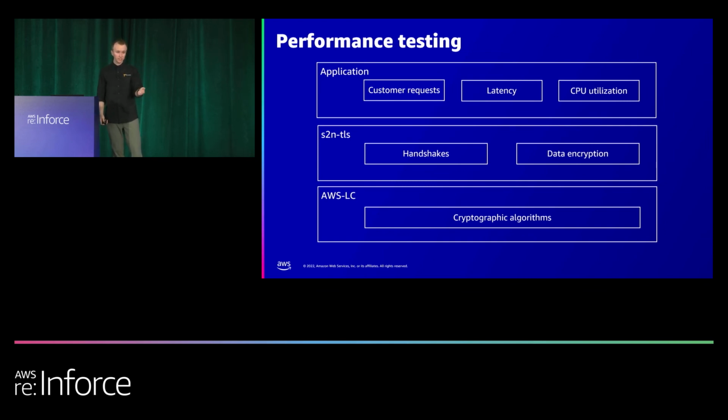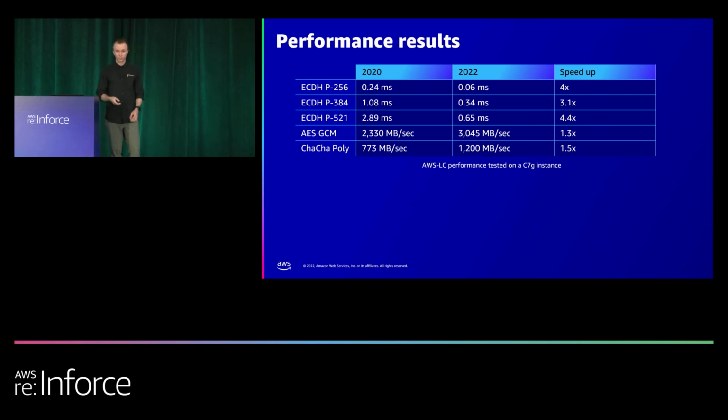We looked at latency for our customers and CPU utilization for the AWS services that were deploying AWS-LC. And with this, we were able to identify and improve the algorithms. This is why, like I said, we invested in S2N BigNum, and we also invested in some other algorithms that were most important for AWS and our customers. And I'm excited to share some of the performance results with you.